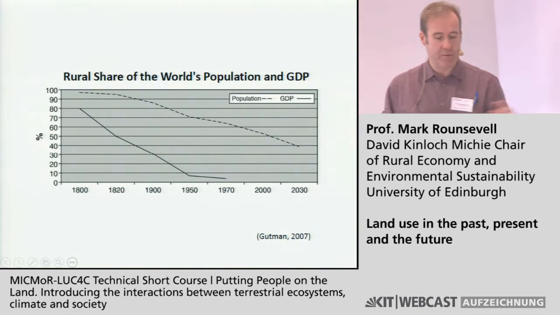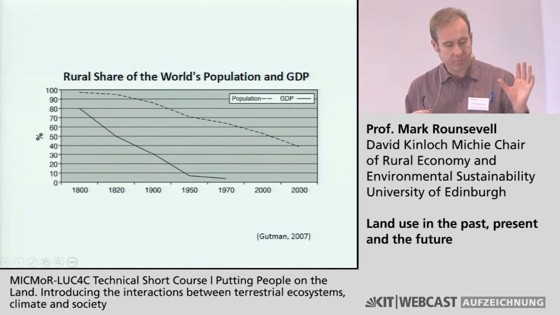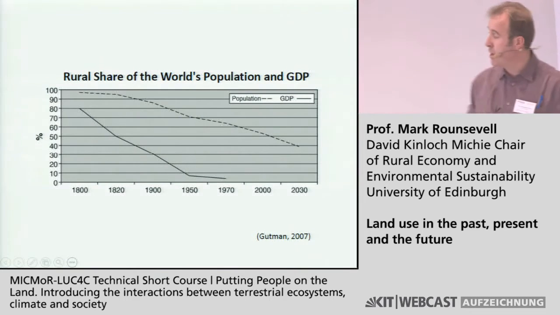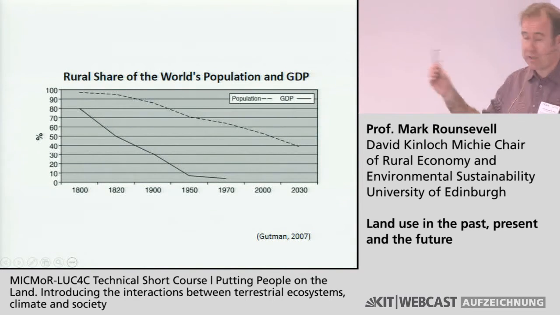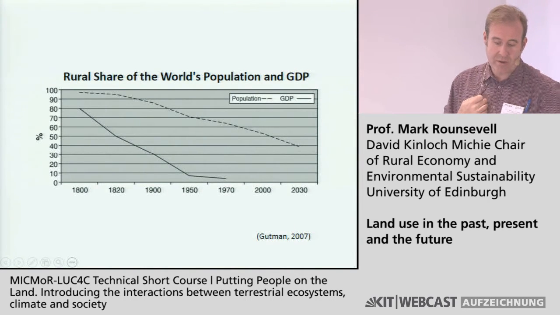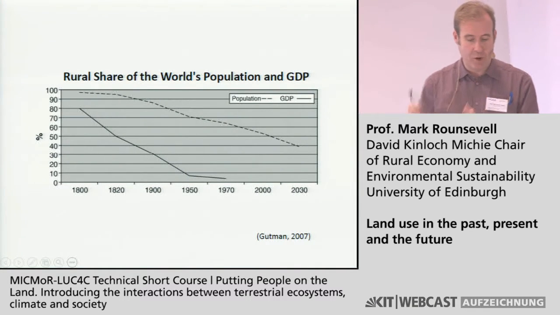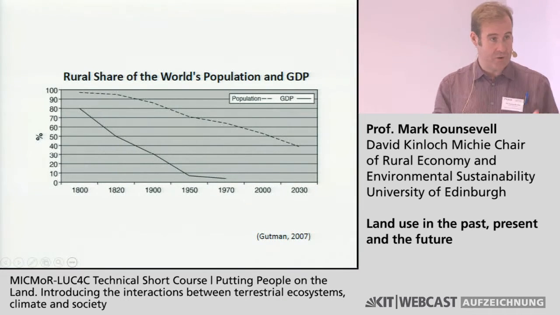What's interesting, though, is we're observing certain trends in the rural areas that relate to agriculture. And this shows two interesting curves. The lower curve is the share of the global GDP attributed to the rural areas.